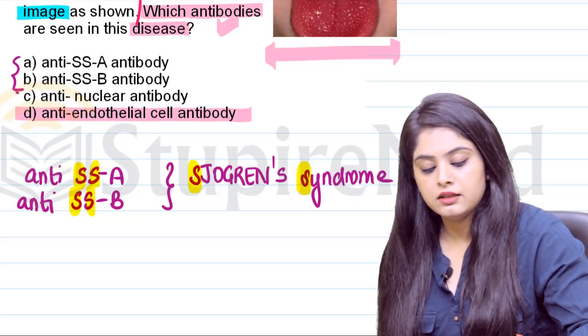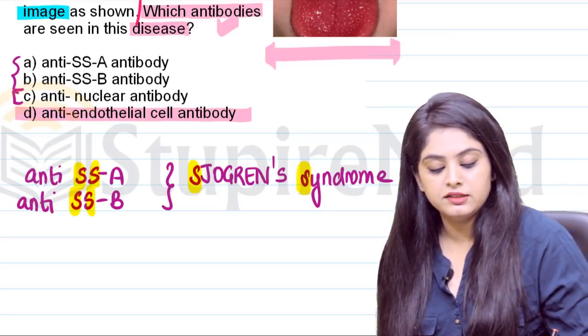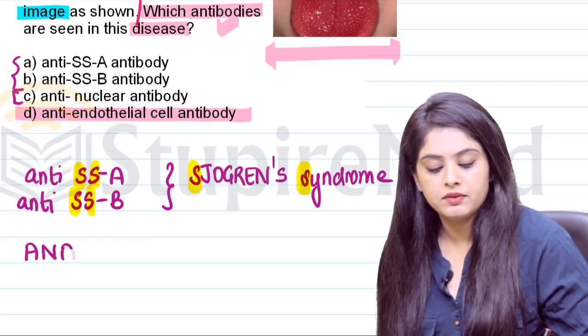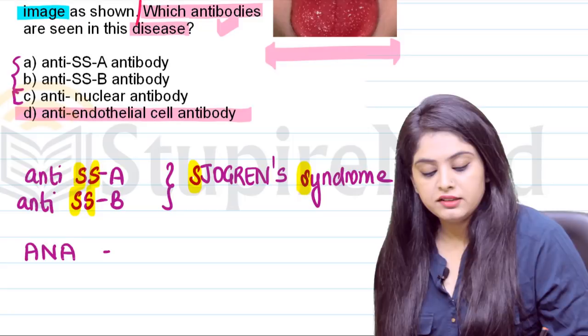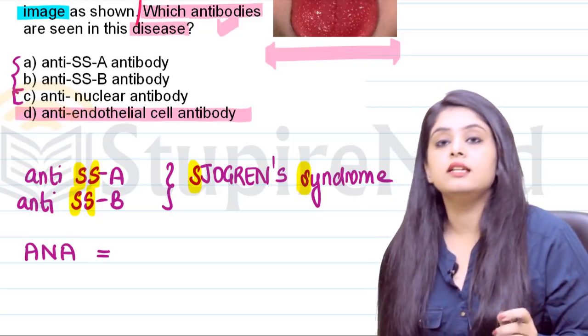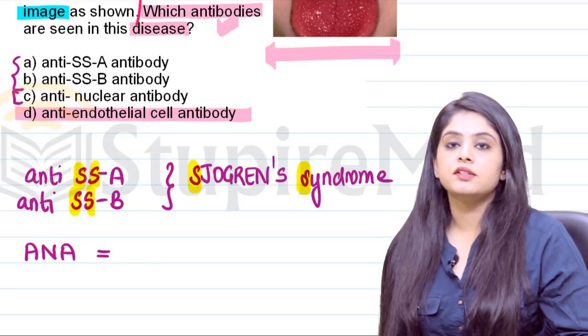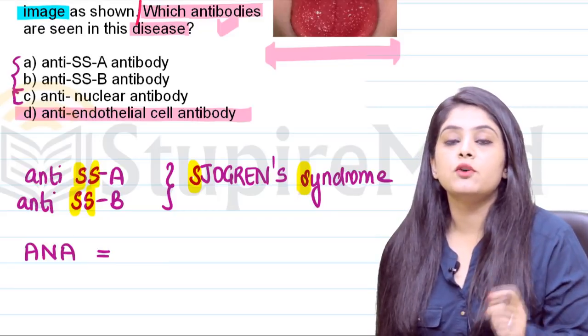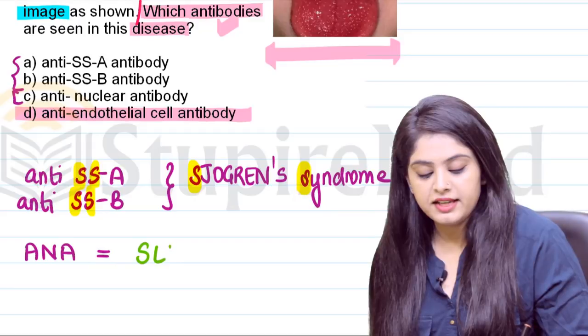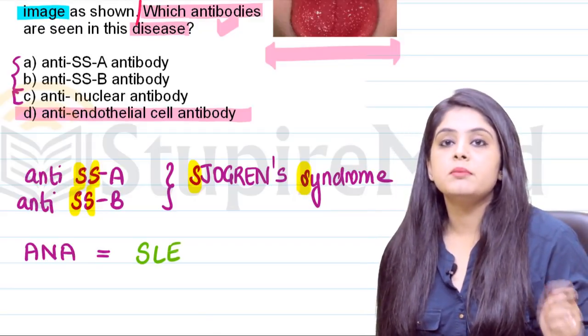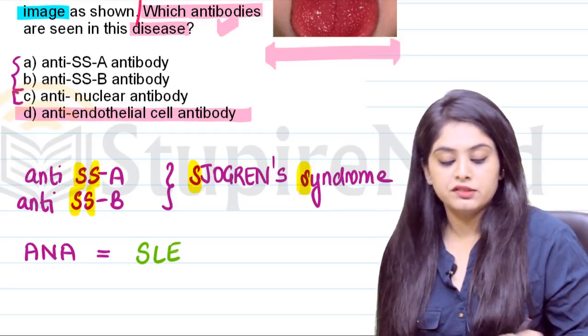The third option that is given to us is the ANA, anti-nuclear antibody. Now this is an antibody that is seen in many autoimmune diseases, but primarily the disease for which we consider it to be very sensitive is SLE, systemic lupus erythematosus.